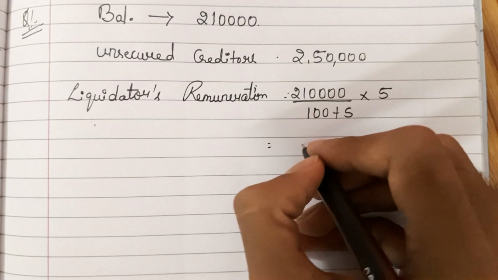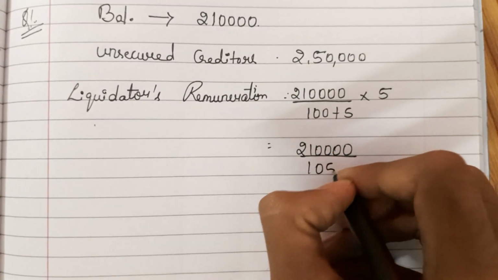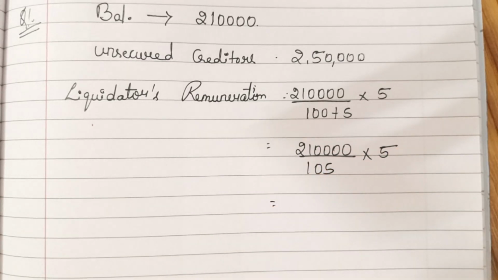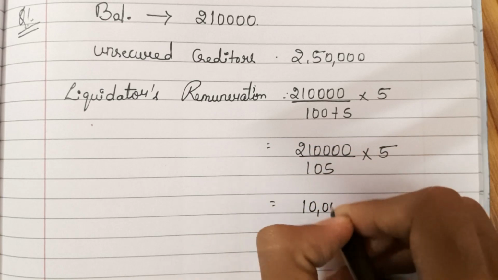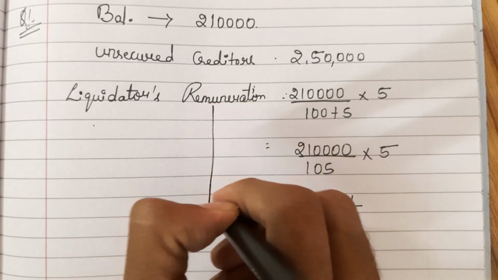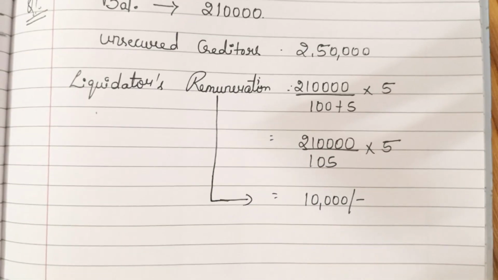So it will be 2,10,000 divided by 105 into 5, and that will be 10,000 rupees. So this 10,000 is the liquidators remuneration. This is the solution for the first question.